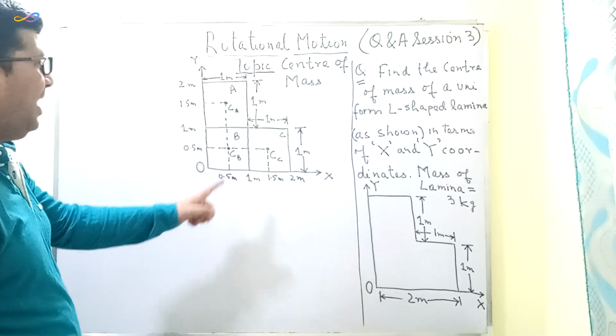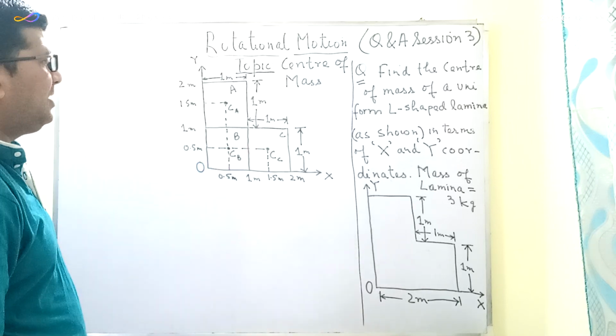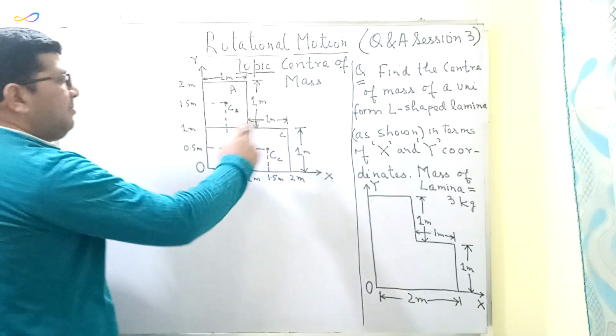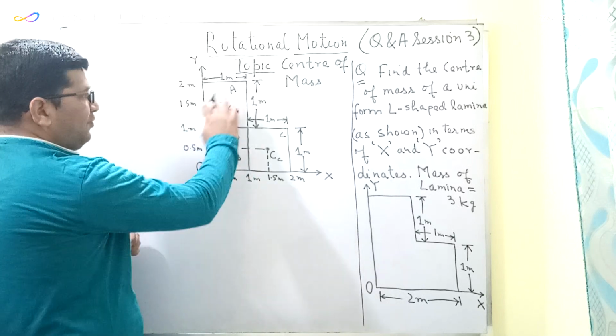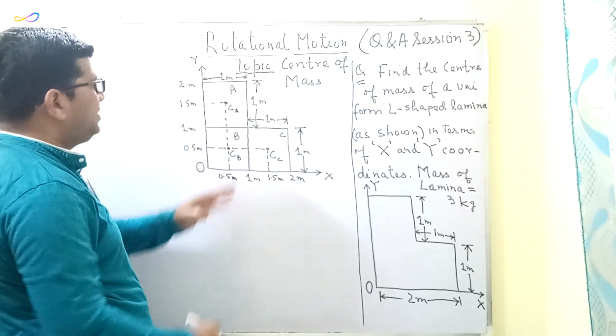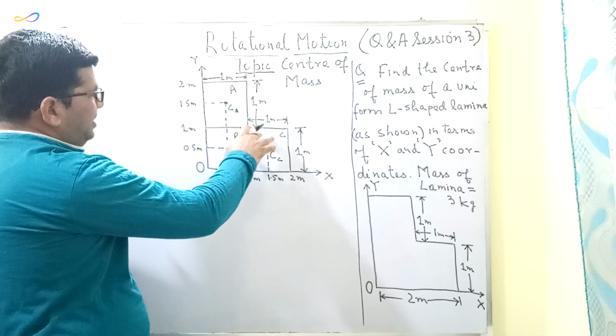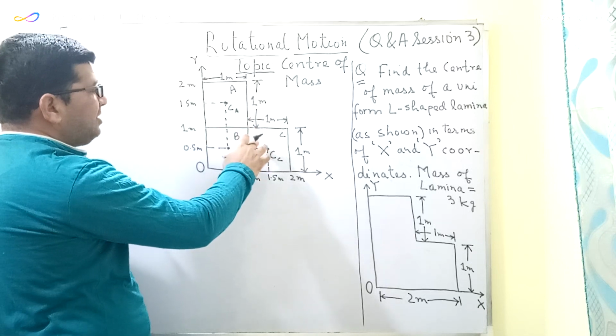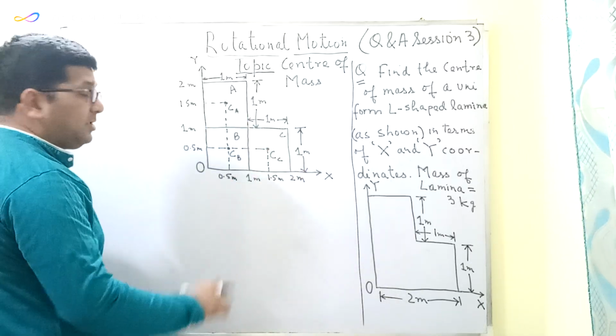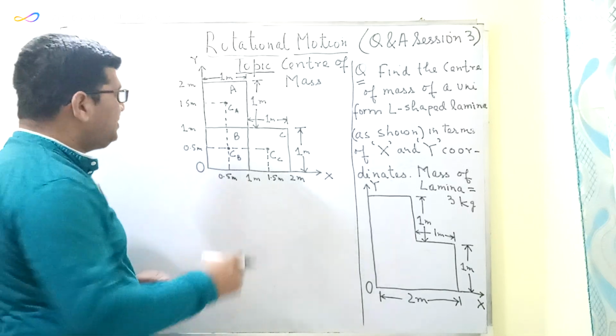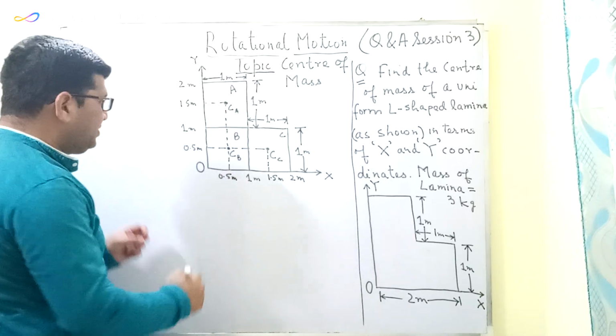Now we have to find the center of mass of this L-shaped lamina. So the first thing I have done is divide this uniformly shaped lamina into 3 equal parts which have the same dimensions.